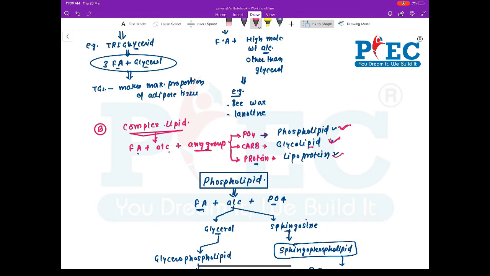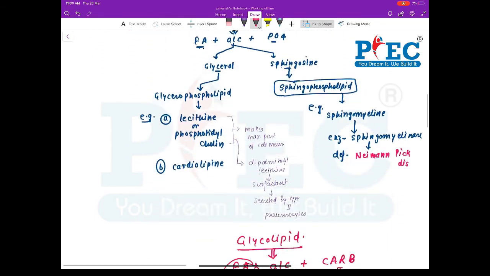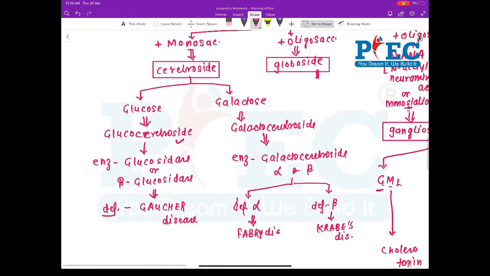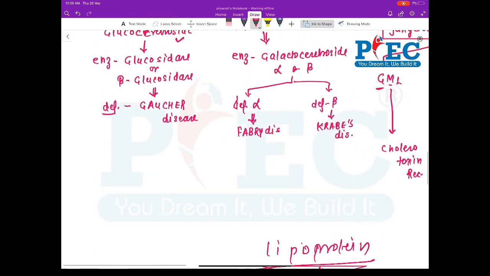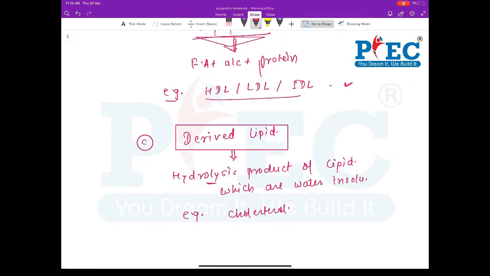In complex lipid, there will be one extra molecule, either phosphate or carbohydrate or protein, and depending on that they get their name. Then the examples of phospholipid, glycolipid and lipoprotein and their disease association depending on enzyme deficiency. And the last category was derived lipid, and the example of derived lipid is cholesterol.